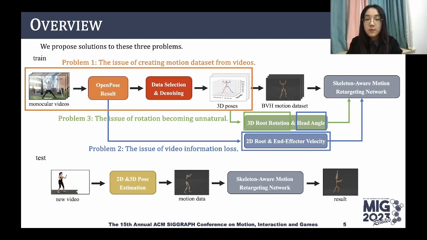And we propose a method using a loss function for the root node rotation angle to solve the rotation problem. As for the overall process, we train the retargeting network using our created motion dataset, and during testing, we use the pre-trained model. I will go into more detail about these three components next.